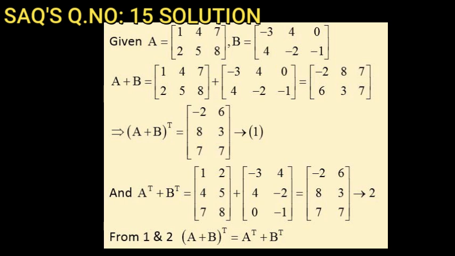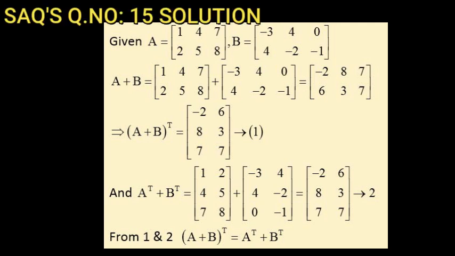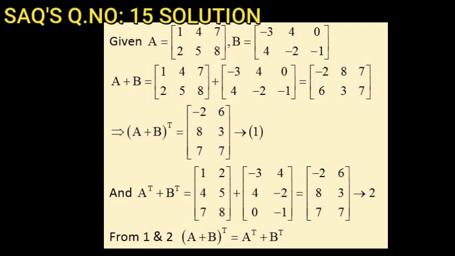Here A and B have the same order, therefore the addition of these two matrices exists, and addition of matrices can be defined as corresponding elements are added. That is, in the first row, the first element of the first matrix is 1, add with the first element in the second matrix, that is 1 minus 3 is the first element, and we add the first row second element of the first matrix with the first row second element of the second matrix, that is 4 plus 4 is 8.